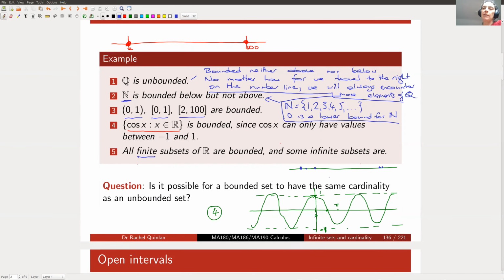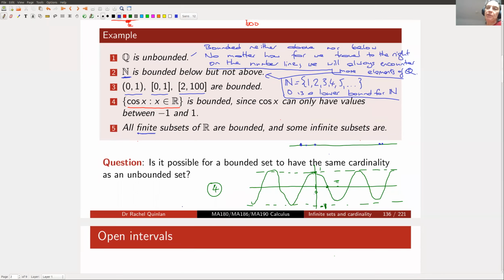Okay, so that's the concept of bounded. It geometrically captures something about how big a set is, how far it extends around the number line. But it's a different concept of how big a set is from the one involving cardinality. We should be able to recognize bounded and unbounded sets.